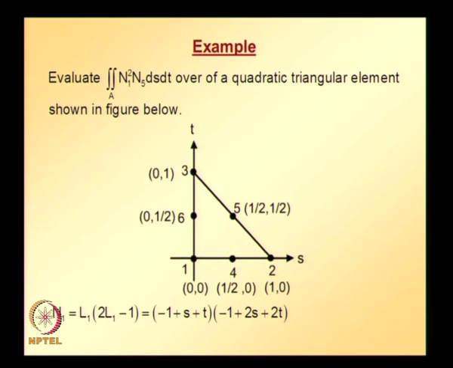N1 is equal to (-1 plus s plus t) times (-1 plus 2s plus 2t), and N5 is given by 4 times s times t. So we need to substitute these N1 and N5 values into the area integral of N1 squared N5 ds dt, and then we can decide the number of integration points, evaluate the function at those points and multiply with the corresponding weights to estimate this integral.